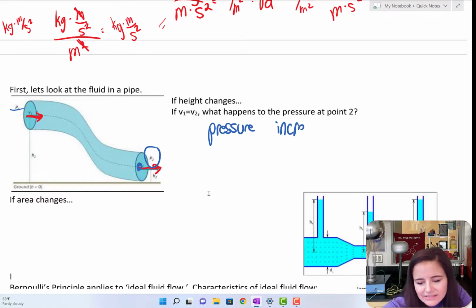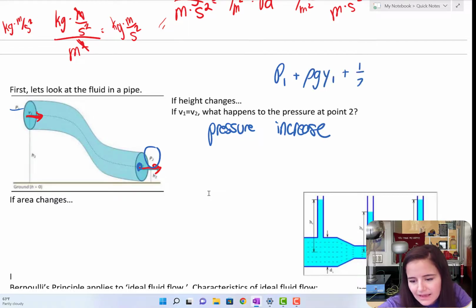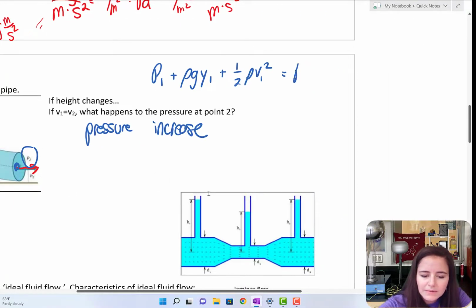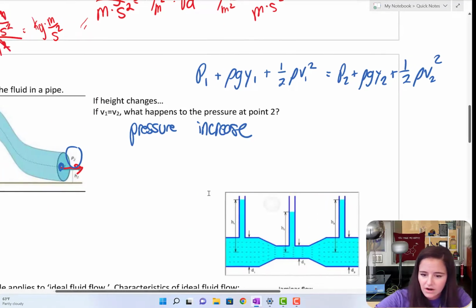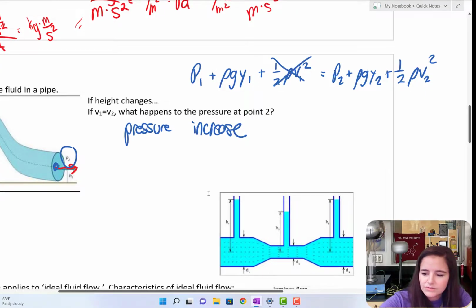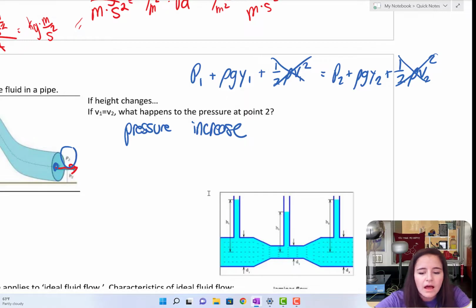So the pressure will increase. And if we looked at that through Bernoulli's, P1 plus rho g y1 plus 1/2 rho V1 squared equals P2 plus rho g y2 plus 1/2 rho V2 squared. Now they're telling us that those velocities are equal. So these two terms would subtract out, because they're going to be equal.